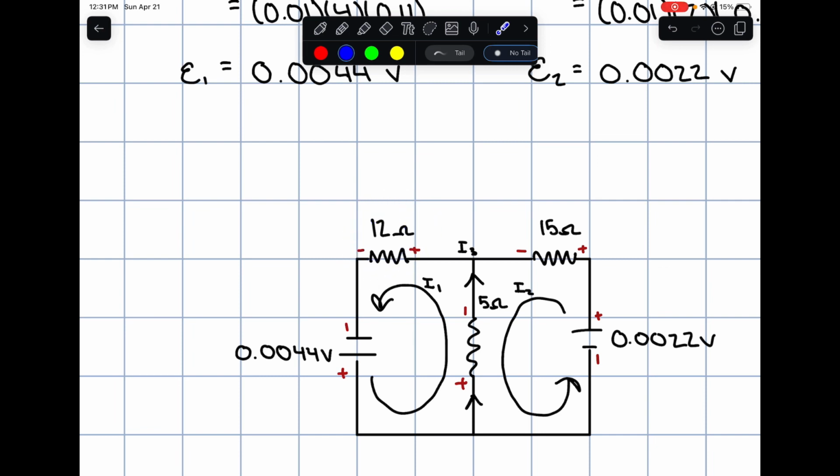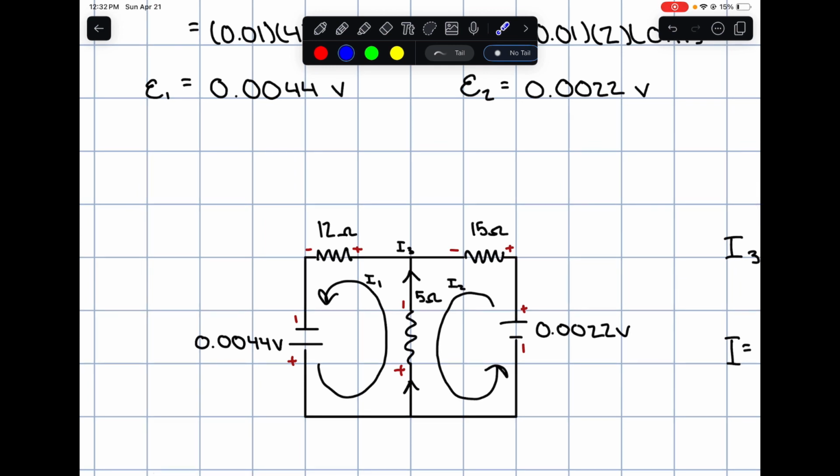For I3, we have our 5 ohm resistor in this middle branch. Then we have our 15 ohm resistor and EMF2 of 0.0022 volts. Remember, both these currents are going counterclockwise, since the induced current creates an opposing magnetic field.